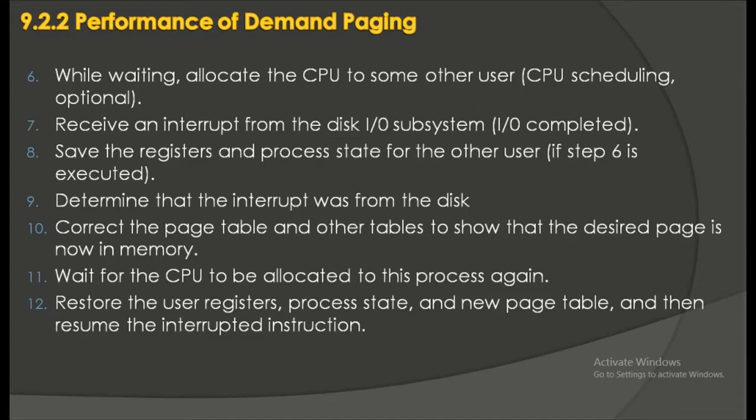Sixth, while waiting, allocate the CPU to some other user. CPU scheduling is optional. Seventh, receive an interrupt from the disk input/output subsystem. Save the registers and process state.